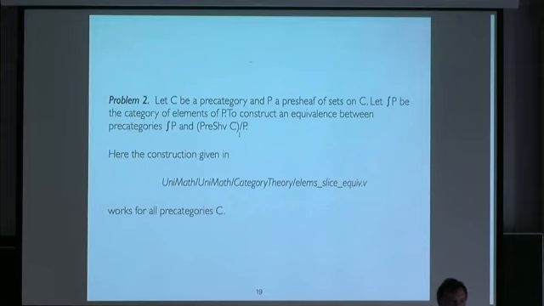So from categories of elements you can form a pre-sheaf, and this is the basis of some important constructions when one wants to build various models of type theory. So we didn't have it, and Matt did it, and it's here, and it actually works for all pre-categories C. But it's important that it's a pre-sheaf of sets as opposed to all types.